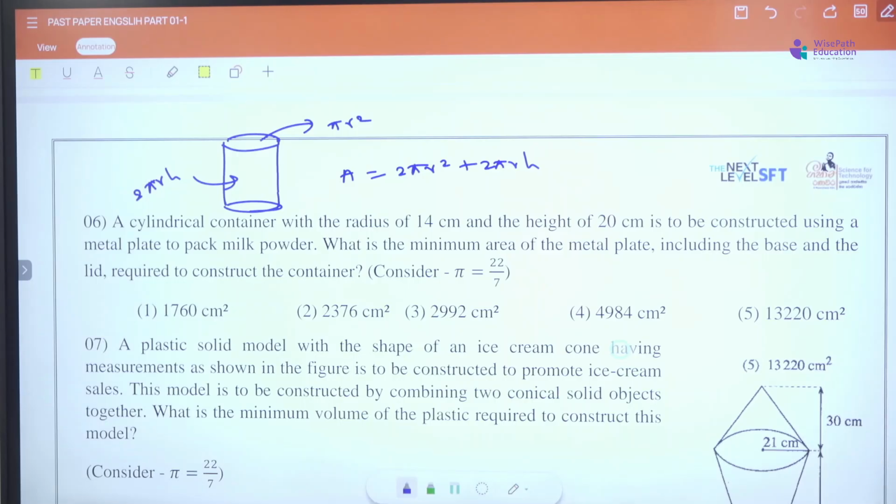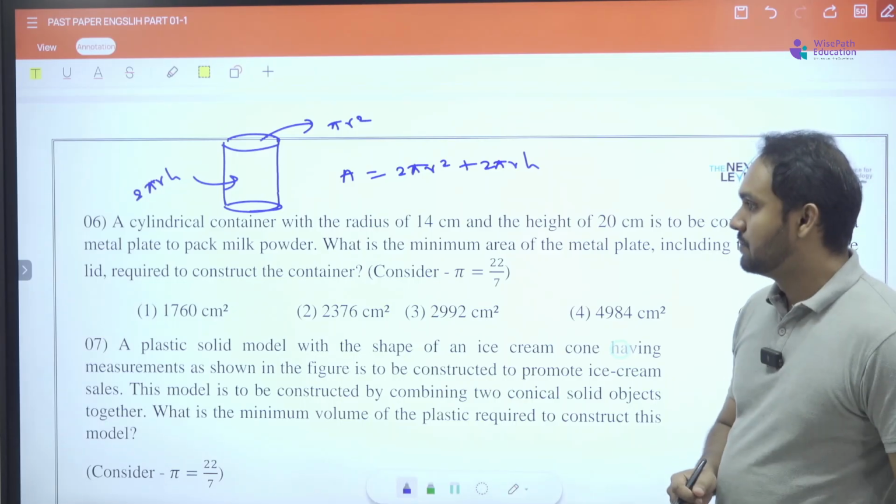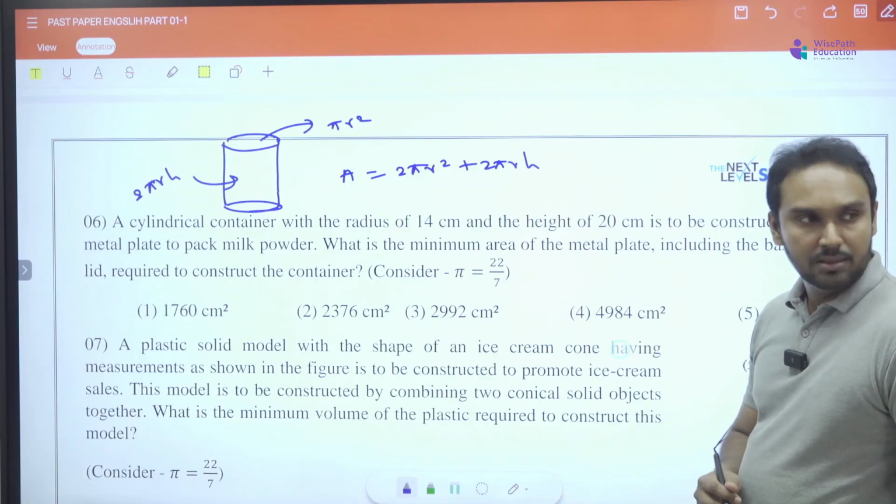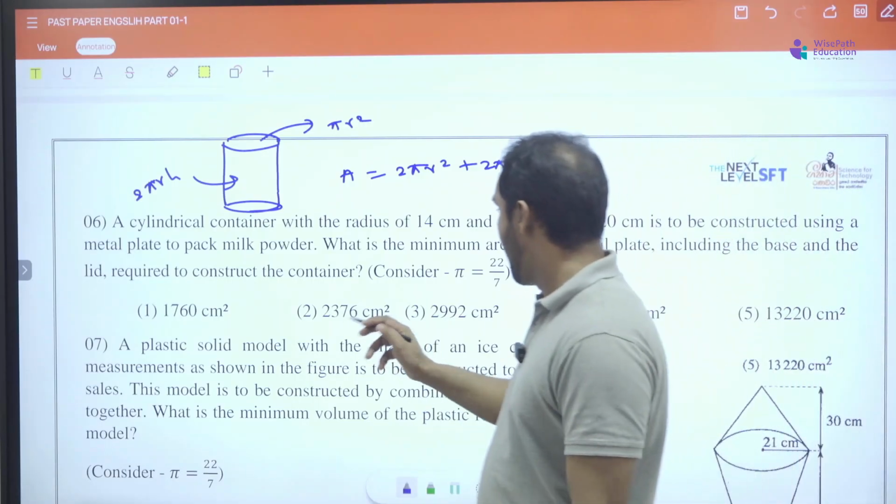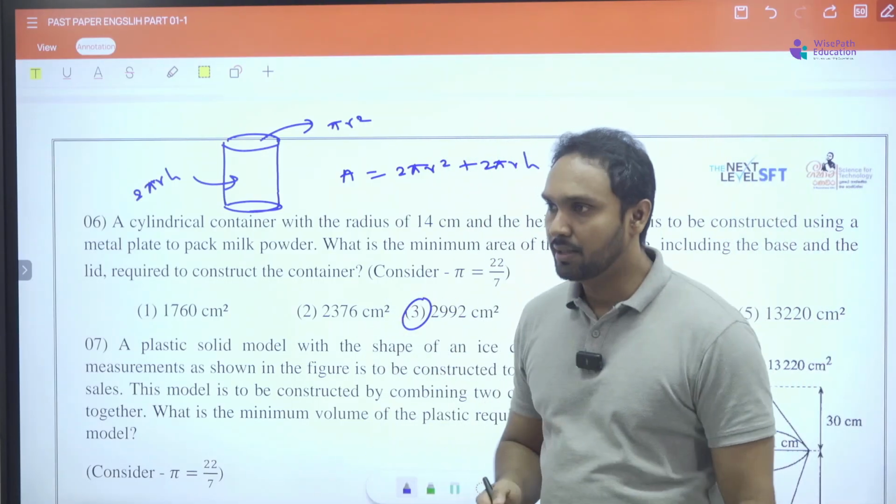What is the answer? 3. Is it the third answer? Yeah, nice. Right. Keep practicing.